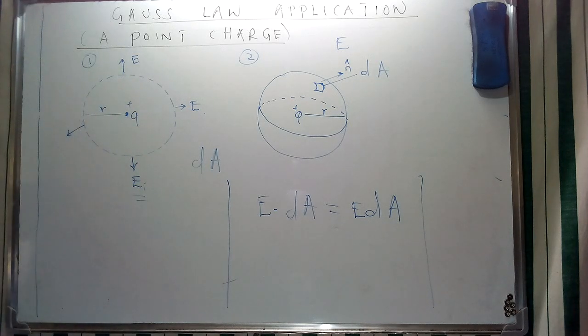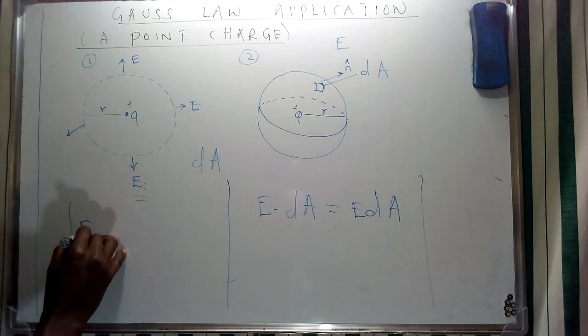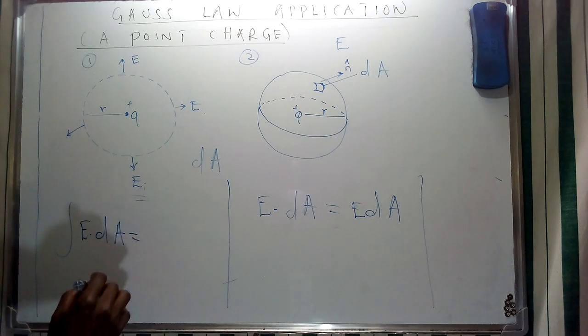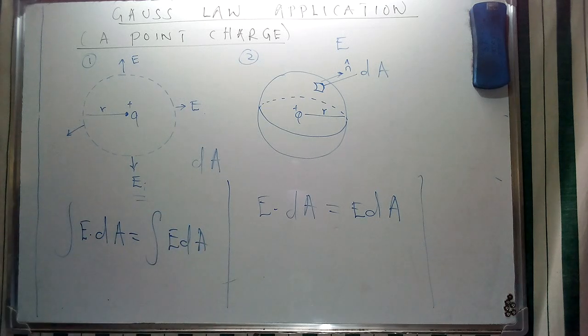So the integral of E dA becomes E times the integral of dA. This has an implication from one of the laws of integration: we consider E as a constant, and therefore take it out of the integral sign.